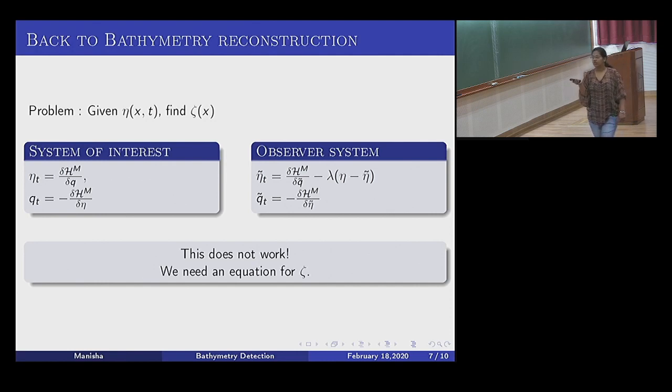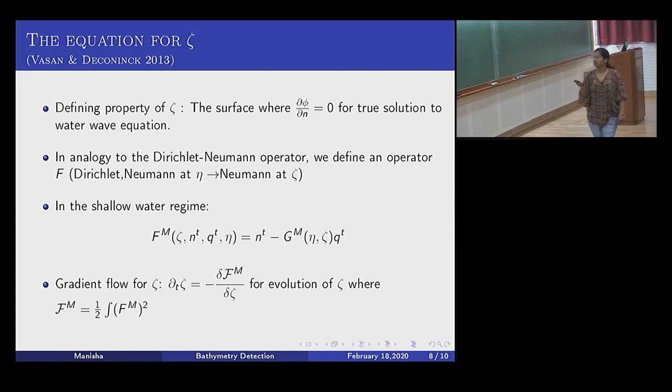To get the equation for zeta, let's go to the definition of zeta, which is the place where the normal velocity is 0, meaning the fluid can't penetrate. That's the true bottom, which means the Neumann condition at the bottom is 0.